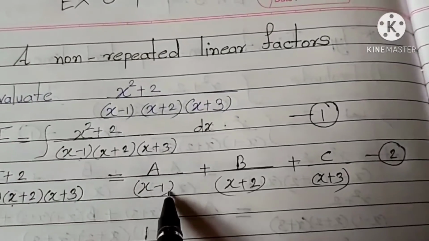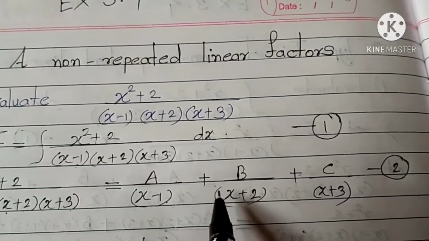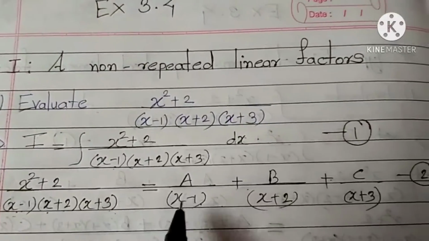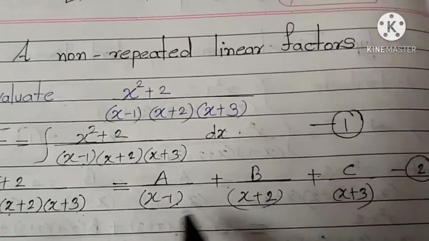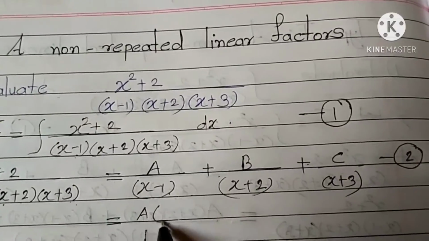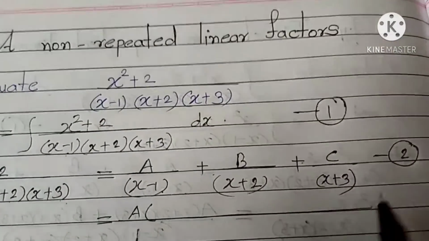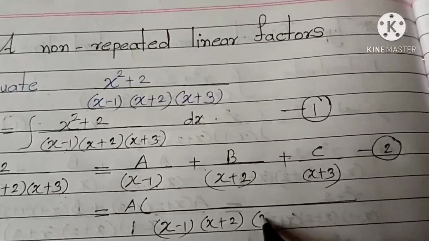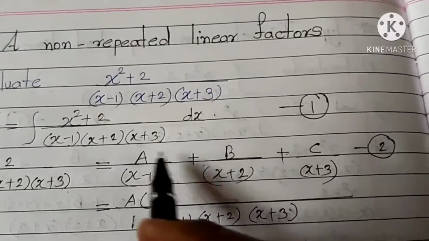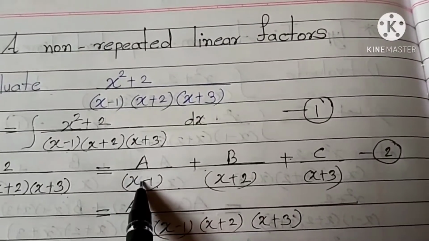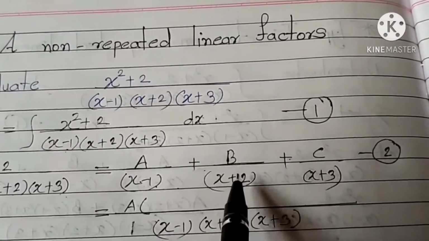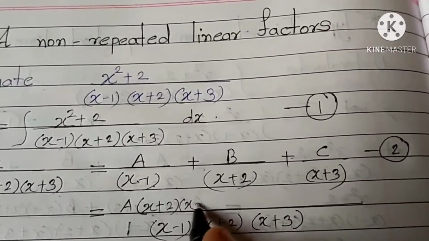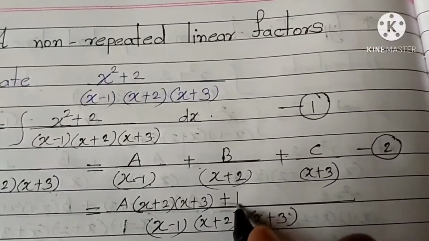Now there is an addition sign, so we take the LCM, then we get the same denominator. So the LCM is like that: a into, when we take the LCM x minus 1, x plus 2, x plus 3, and when we take this term, then leave that factor and multiply the remaining two factors. So that is x plus 2, x plus 3, plus b.